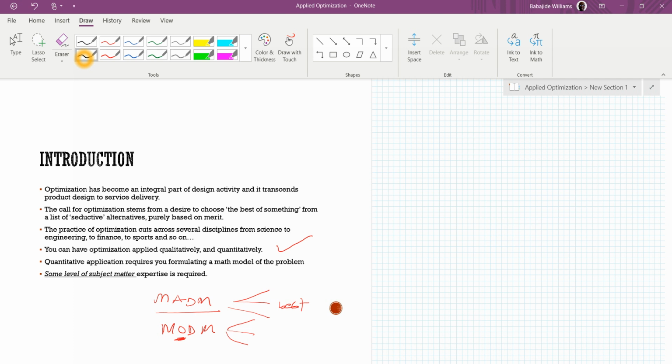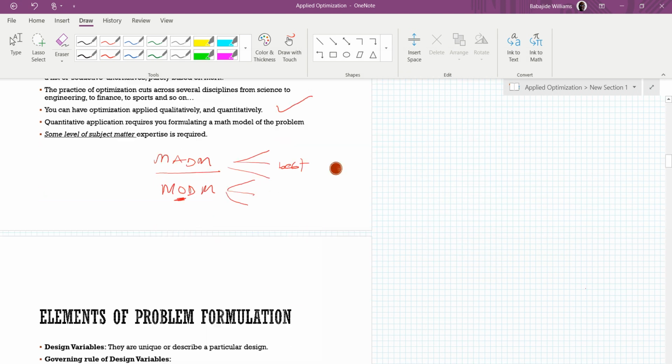It's like telling an artist to optimize the deflection in a beam, right? That could be very difficult, but the person can employ an engineer, a subject matter expert, to do that. So you might come across some problems that you don't have background knowledge about. You have to read that knowledge up somewhere and get a grasp of what it is before you start to solve the problem.